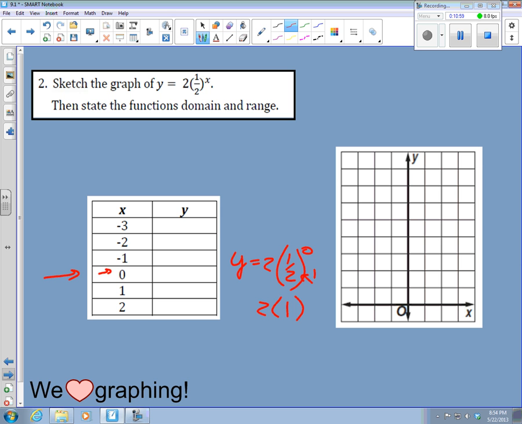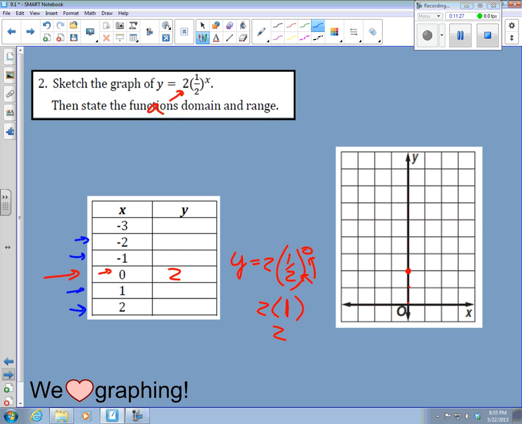And 2 times 1 is 2. Now notice my y-intercept is A. It's always going to be your y-intercept. So I'm going to go over here, go to 0, and then up 1, 2. There it is. So your y-intercept is pretty easy to find. Graph a couple points before x is 0 and a couple points after, and you should be good to go.